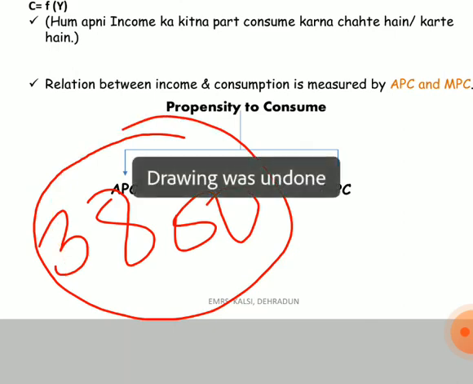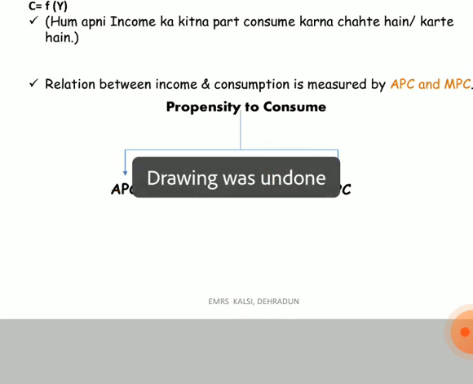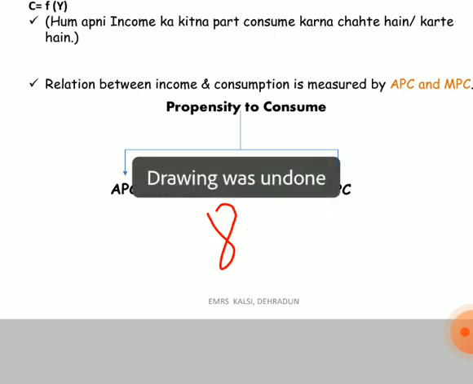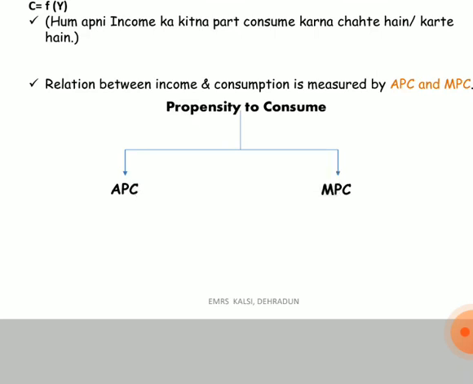But when we are calculating MPC, we will take rupees 800 only. So while calculating APC, we take the total monthly income, and while calculating MPC, we take the additional income only.